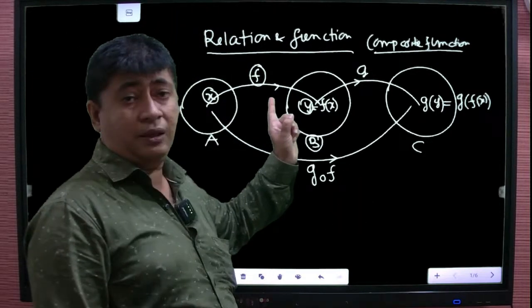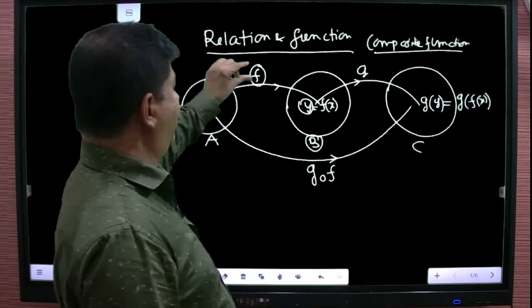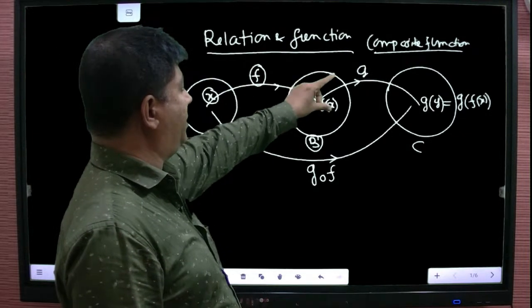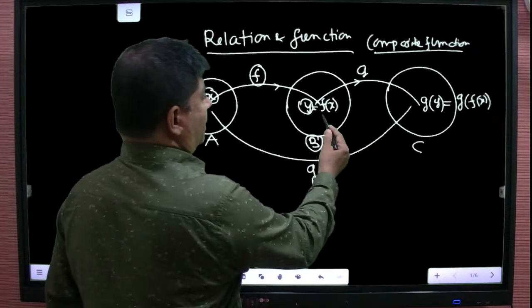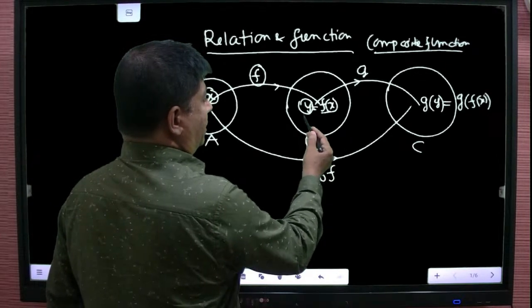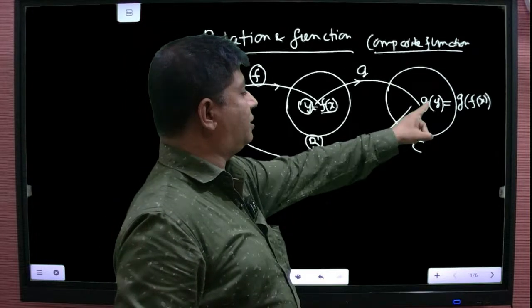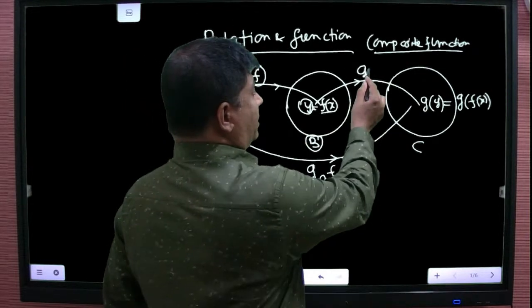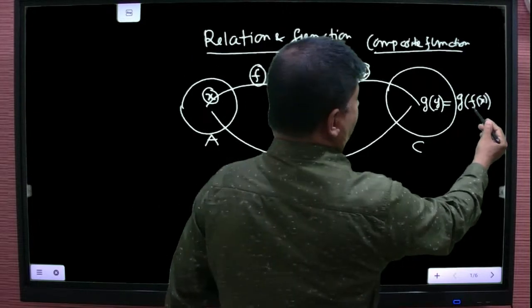Okay, x is mapped from set A to set B. If there is an element x here, f(x) will come here, that is denoted by y, and that y will be mapped to C. And who does it? g, g(y). What is y? f(x).